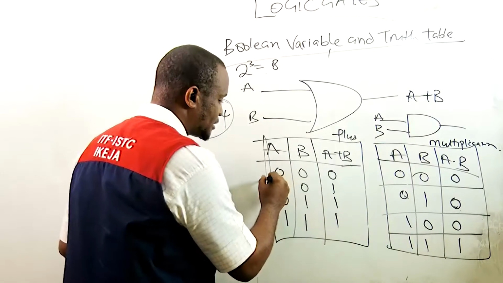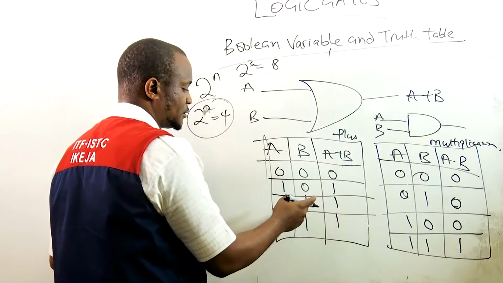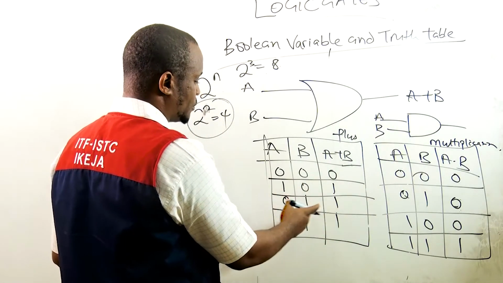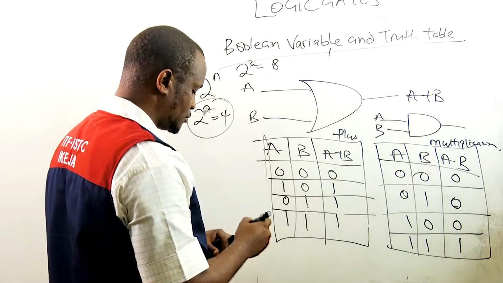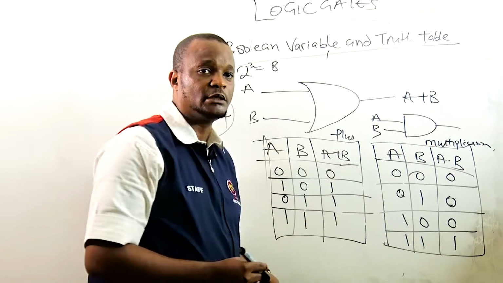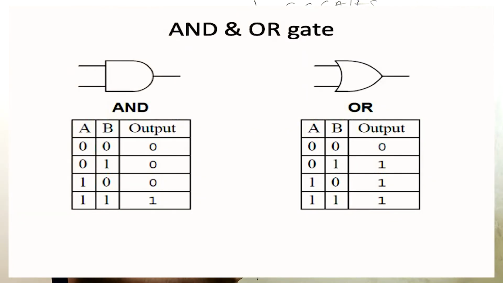This can be seen as 0 plus 0, 0 plus 1, that's 1, 0 plus 1, 1. Here, 1 plus 1 will be 1, not 2. So that's why we say that Boolean algebra is different from our normal mathematical algebra.